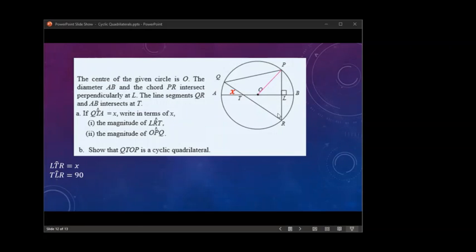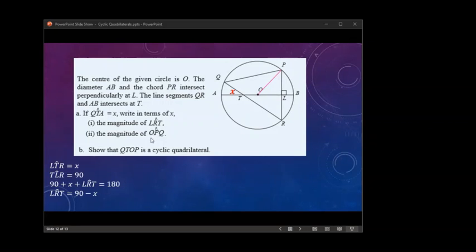So if you consider this triangle TLR, you can write 90 plus X plus LRT is equal to 180. So simplifying that, you can get LRT is equal to 90 minus X. Okay. I hope you all can understand that. If you have any questions, please feel free to ask.